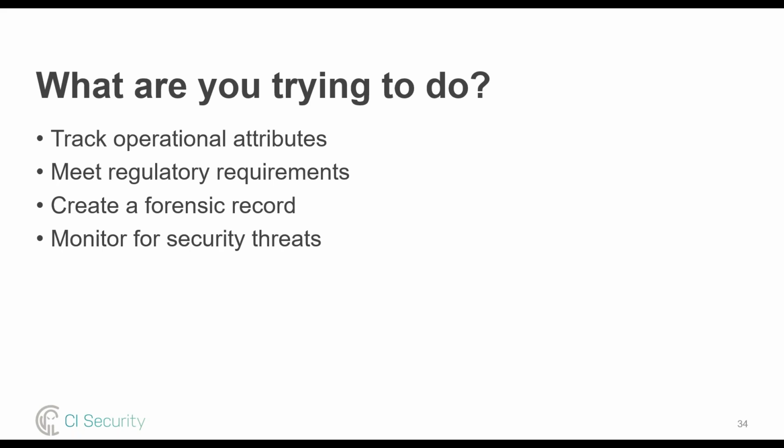In general, what you're trying to do with all the information you're collecting has a lot of different dimensions. You want to track operational attributes. How is your network doing? Are you running out of disk space? All kinds of stuff that your systems are telling you about. You are trying to meet regulatory requirements. Depending on what regulatory environment you're living in, healthcare is one of the most interesting ones in terms of the fact that HIPAA has been around for quite a long time, has a lot of prescriptive things about what you'll collect and what you'll keep track of, and so on and so forth.